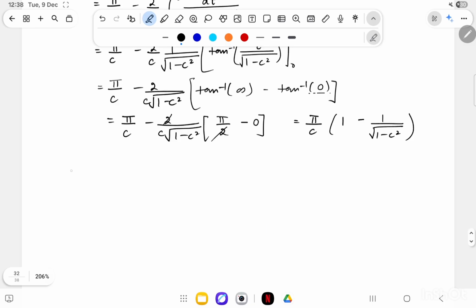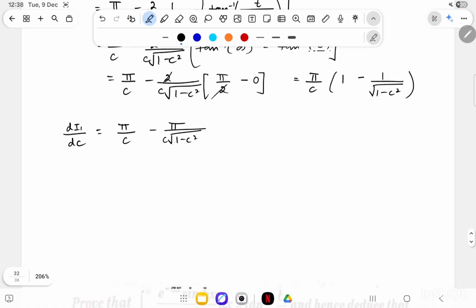So from here what I got is dI1 by dc equals π by c minus π by c square root 1 minus c square, but we are supposed to evaluate the value of I1. So I1 will be the integration of this with respect to c.